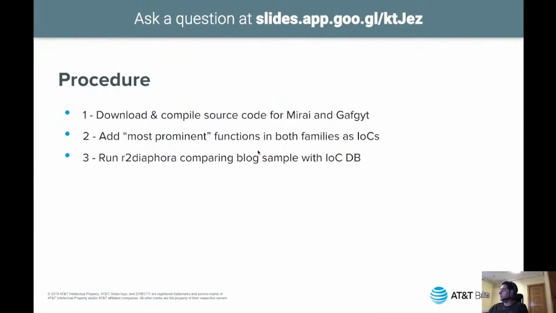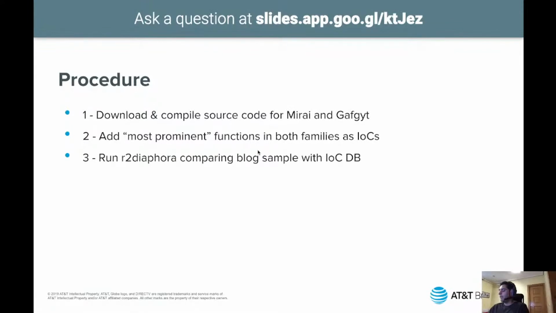Okay, so I thought it would be fun to test these claims with my own project to see if I could also see these findings on the sample. So what I did was I downloaded and compiled the Mirai and Graphkit source code leaks in every architecture they are usually distributed in.